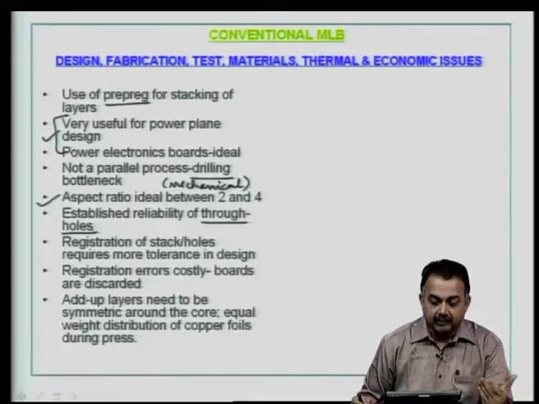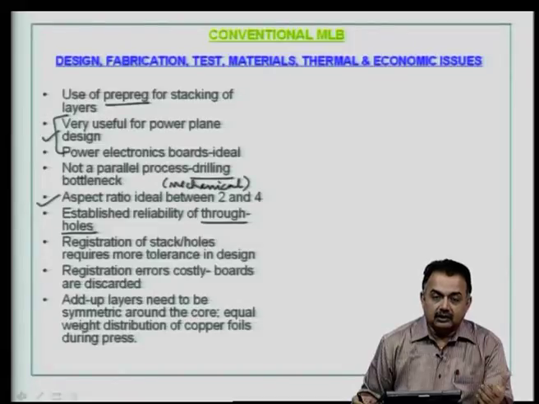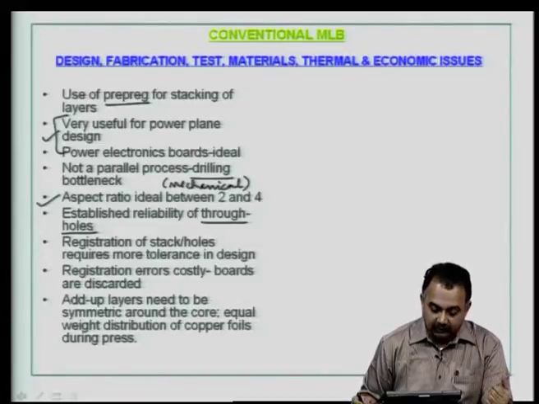Sometimes you will have a hybrid board, and therefore, through holes, apart from basically interconnecting, will also have some cases where the through hole is required for component mounting. So, reliability there is also to be well defined.